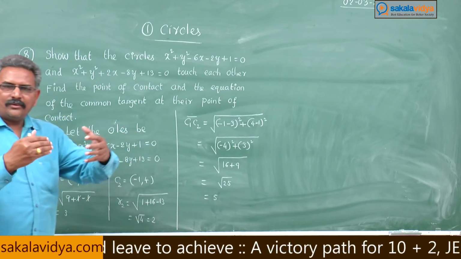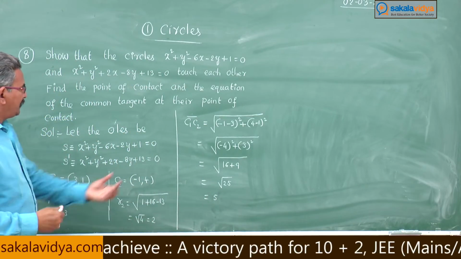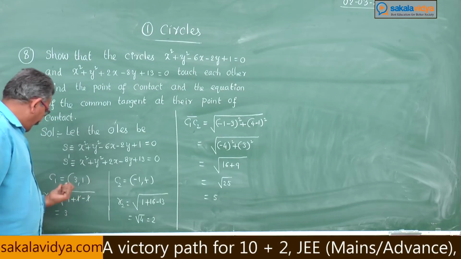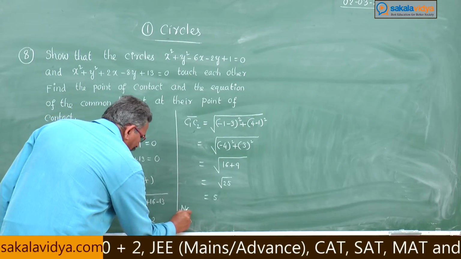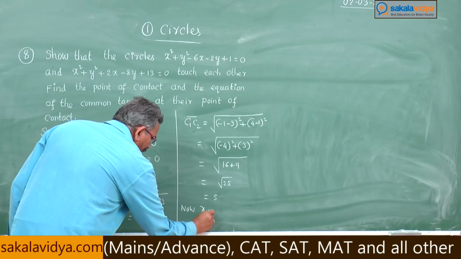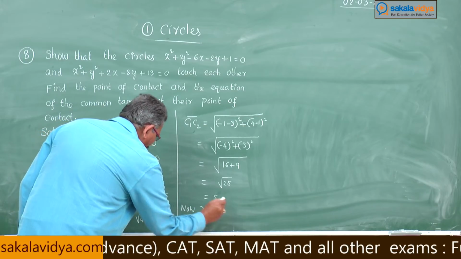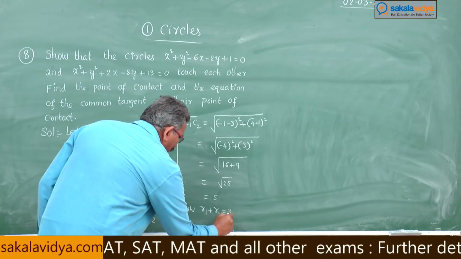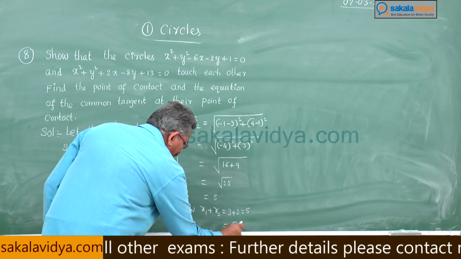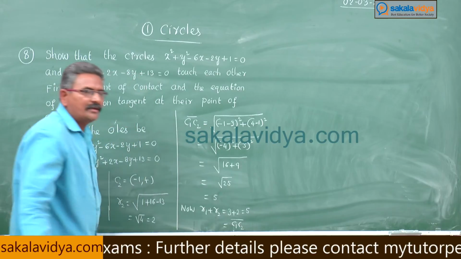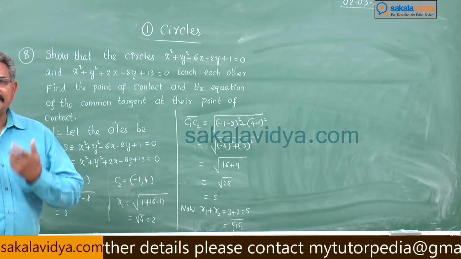Now, we have to establish the relation between C1C2 and R1 and R2. So, now find R1 plus R2, check it. R1 plus R2 means 3 plus 2, which is equal to 5, that is nothing but C1C2. Now, how do you interpret?